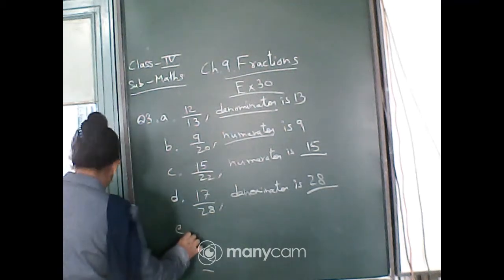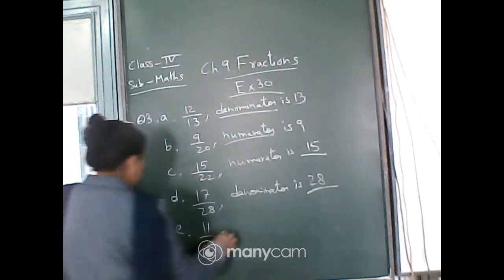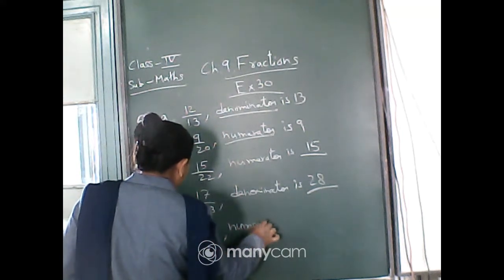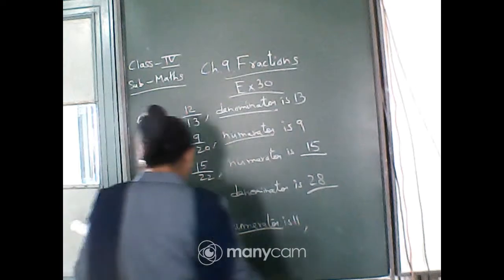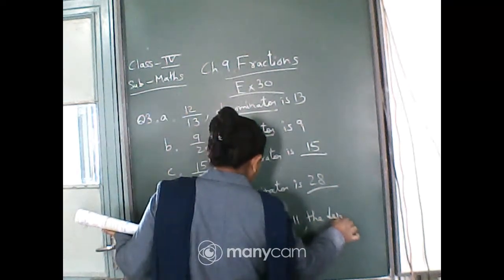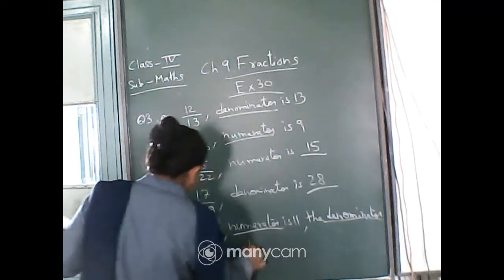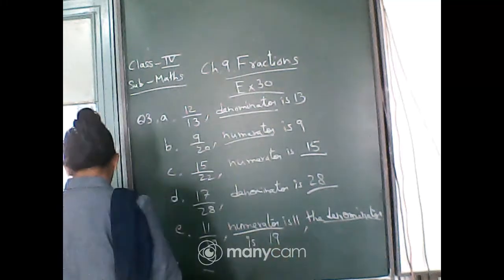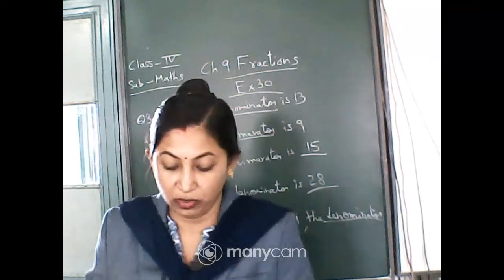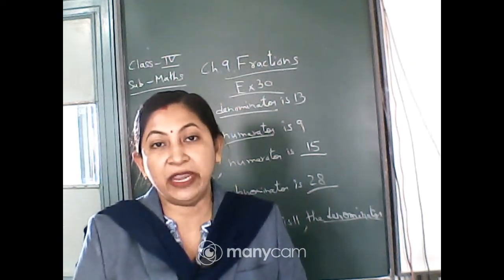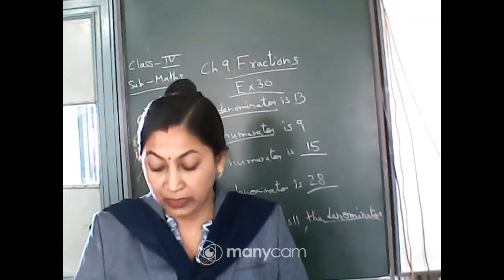Similarly, number E, 11 by 19, the numerator is 11 and the denominator is 19. Okay. This way you are writing the numerator and denominator. This exercise is also very easy. You do it in your copy and book both. Okay. Now, come to the next one.